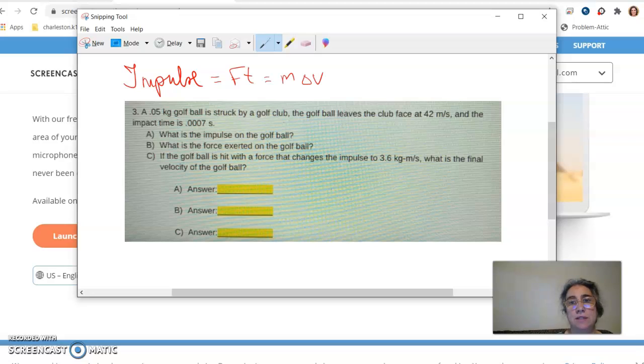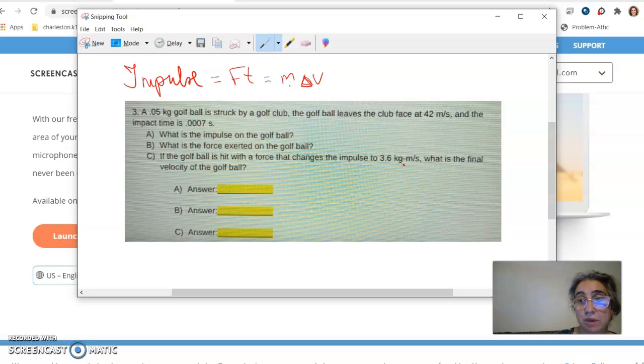It is leaving from rest, with a velocity of 0, and changing to a velocity of 42 meters per second. Because delta v is a change in velocity and the initial velocity is 0, delta v will be 42. Now the first question is, what's the impulse of the golf ball?